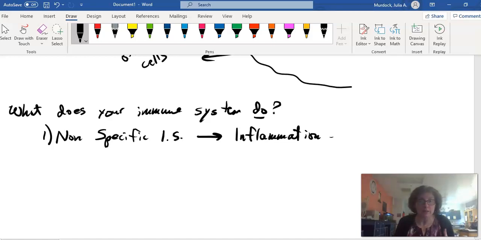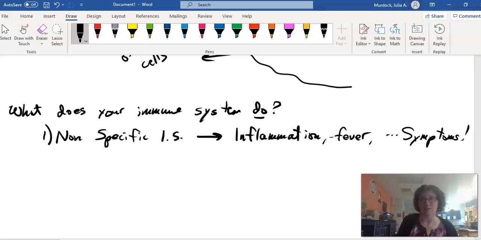Your lungs swelling up right where you need to be breathing is not a good thing. You have inflammation, fever, and histamines creating pus, all kinds of things that give you flu symptoms, making you a very unhappy person, maybe even sending you to the hospital.